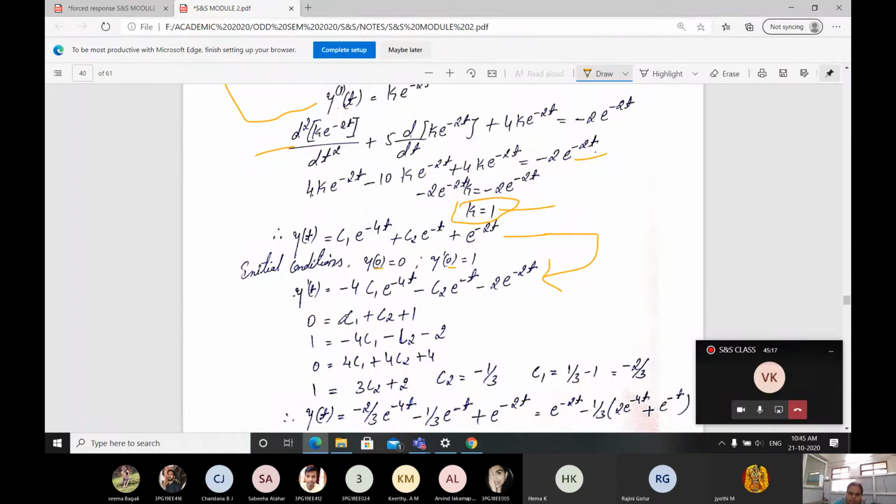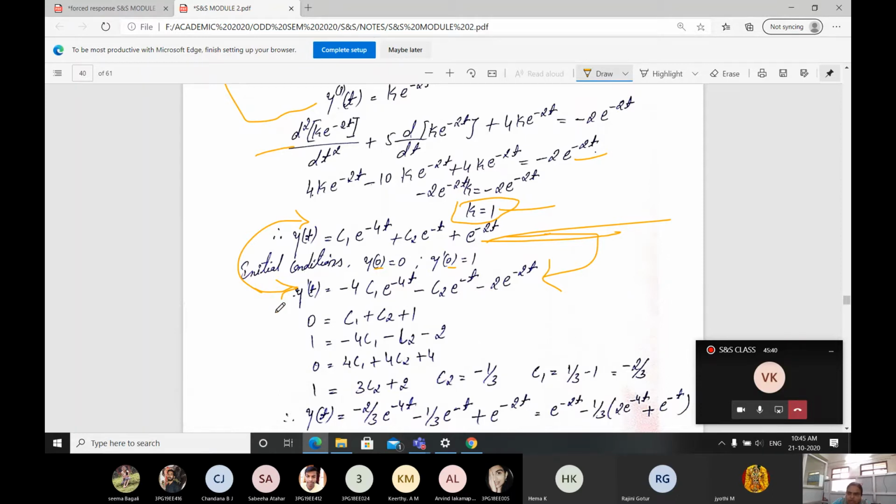For the first condition, when t is 0, substitute in this equation, and also for y dash of t. So when you substitute t as 0 in this equation, you will get 0 equals c1 plus c2 plus 1.